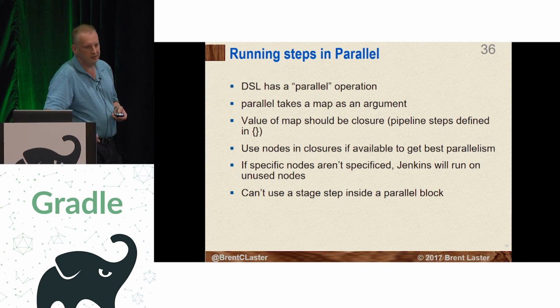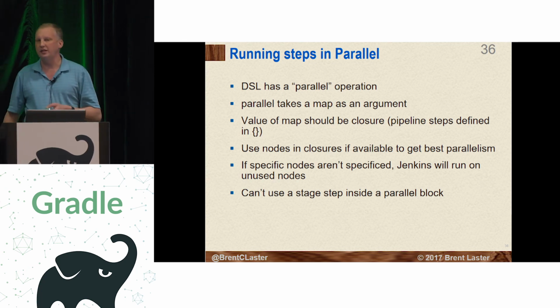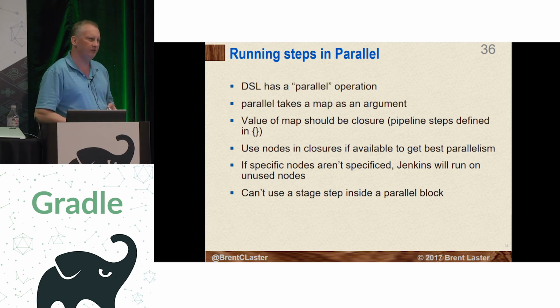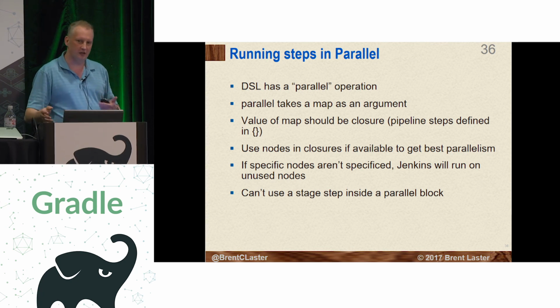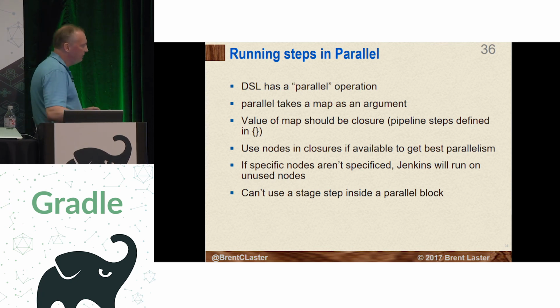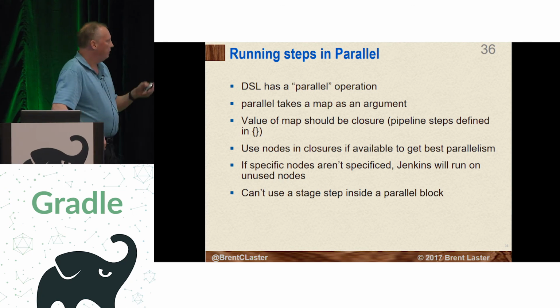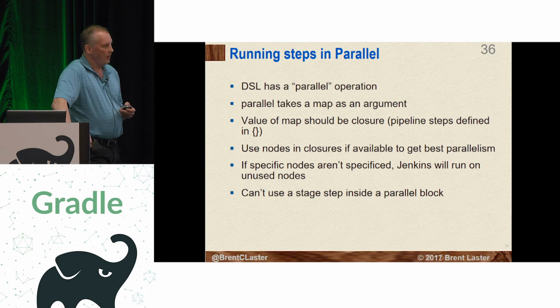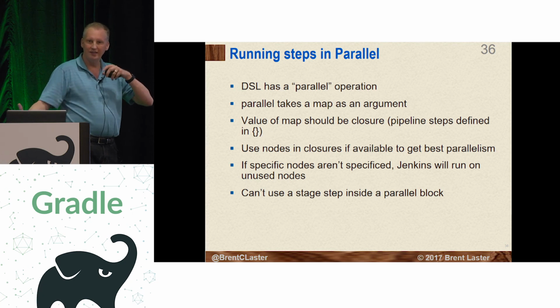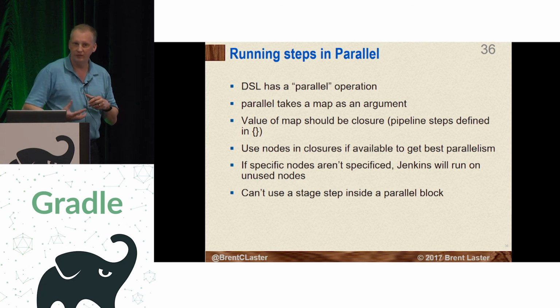So, running steps in parallel. One of the nice things the DSL has is a parallel step, which allows you to more easily, I always had trouble saying that, parallelize. It sounds like paralyze almost, but parallelize operations. The key to understanding parallel is that it takes a map as an argument. So you have a name that you give it for each of the parallel branches you want, then the value is the code that you want to run in that parallel branch, okay?